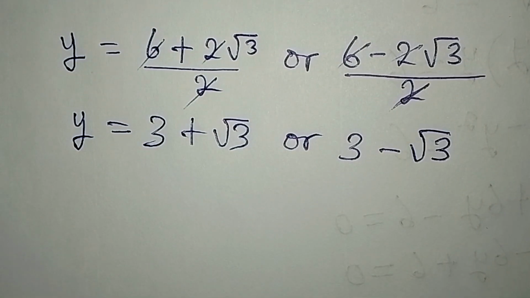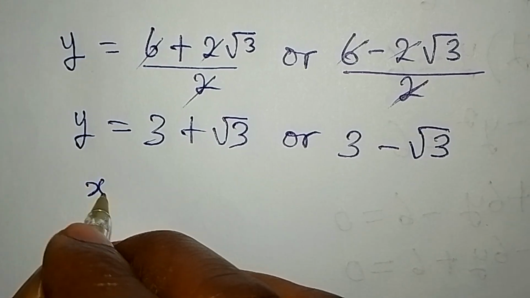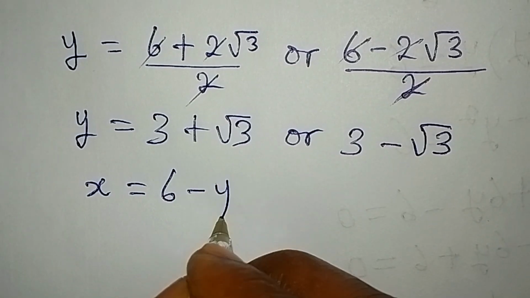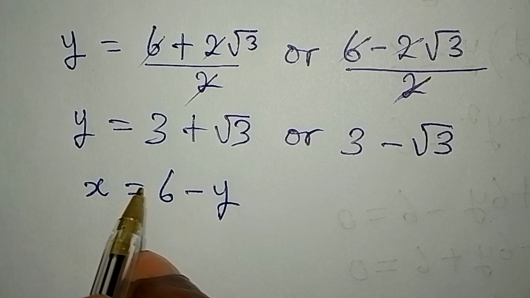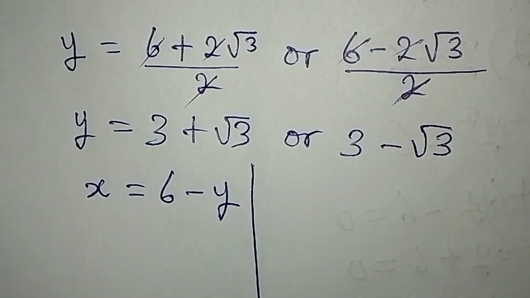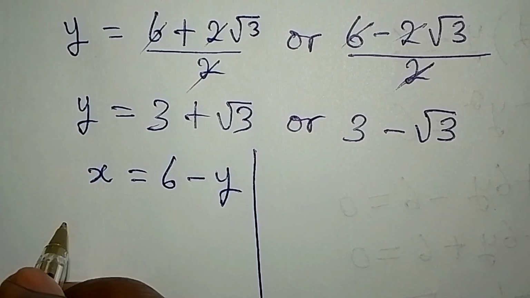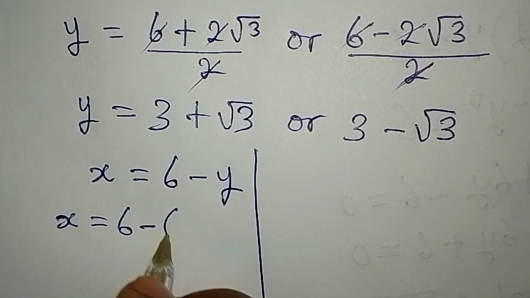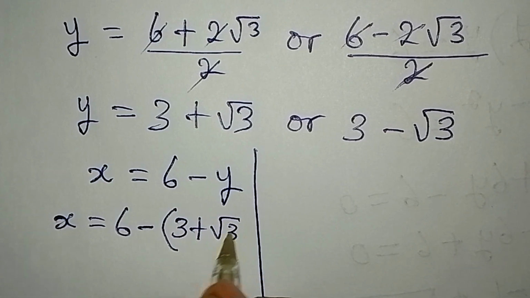But mind you, we are also looking for the value of x. So this will take us back to our equation 3, where x is equal to 6 minus y. When y is 3 plus root 3, we're going to have x equal to 6 minus, open bracket, y itself is 3 plus root 3.